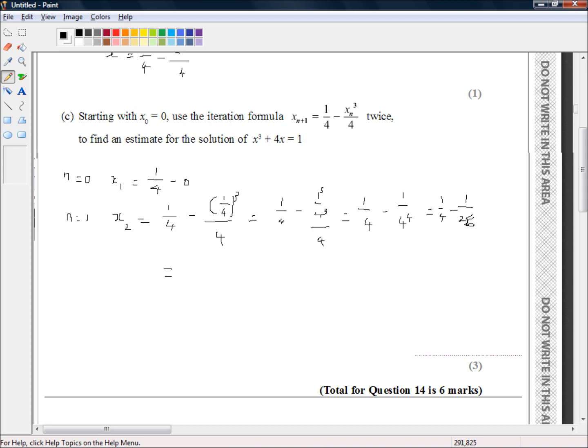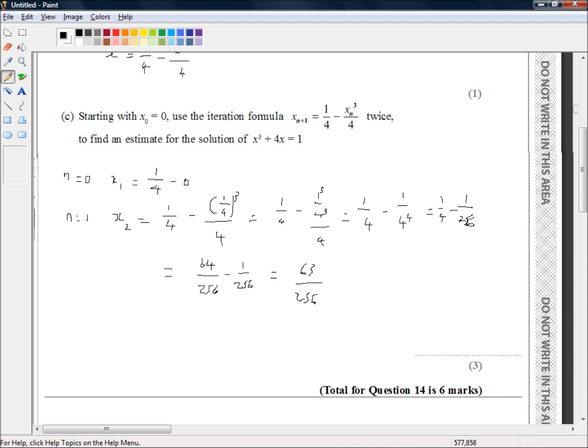So this will be 64 over 256, which is a quarter, minus 1 over 256, which of course is equal to 63 over 256.